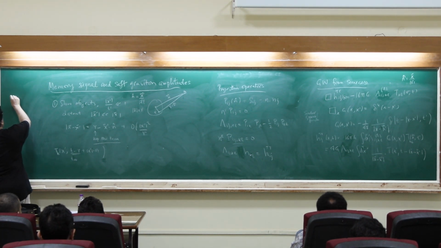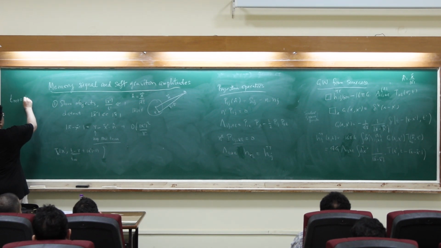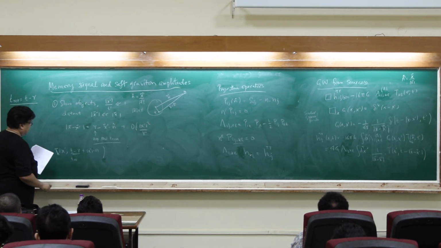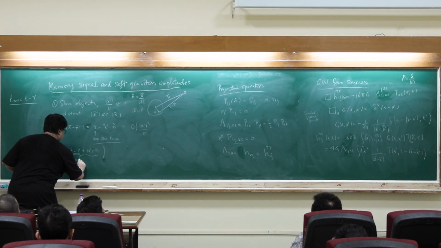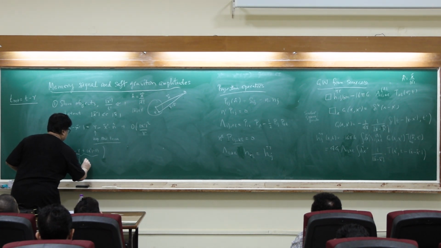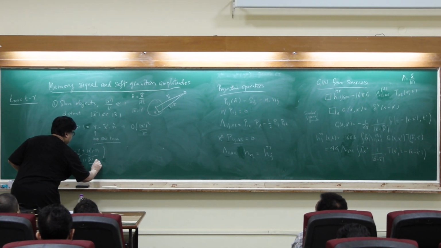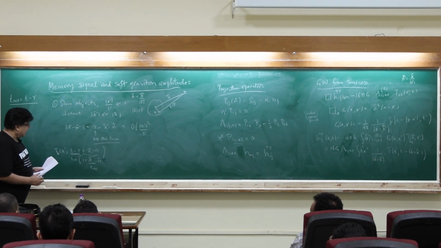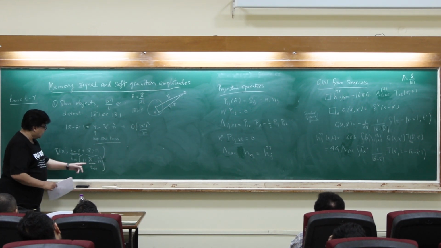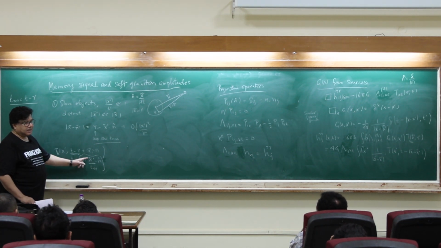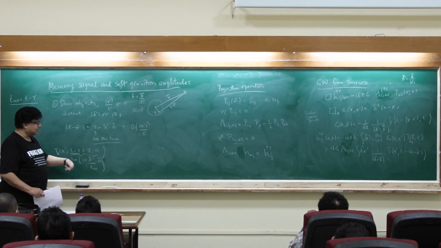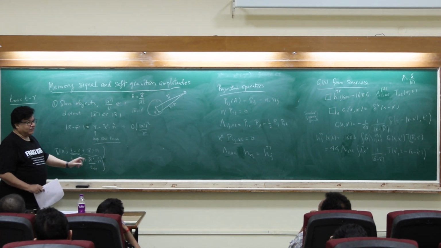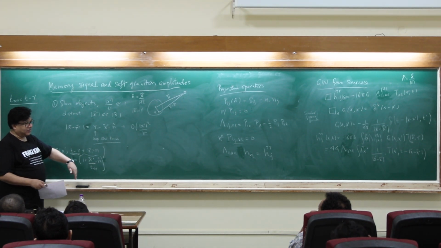So I'll write it separately. t retarded is t minus r. So this thing over here becomes, if you take out t retarded, 1 plus x prime dot n, sorry, this is x dot n, and this is the velocity of the source, sorry, x prime dot. Okay. So if it's a slow moving object, you can drop it, and if it's a relativistic object, you have to keep it and then do a different treatment.